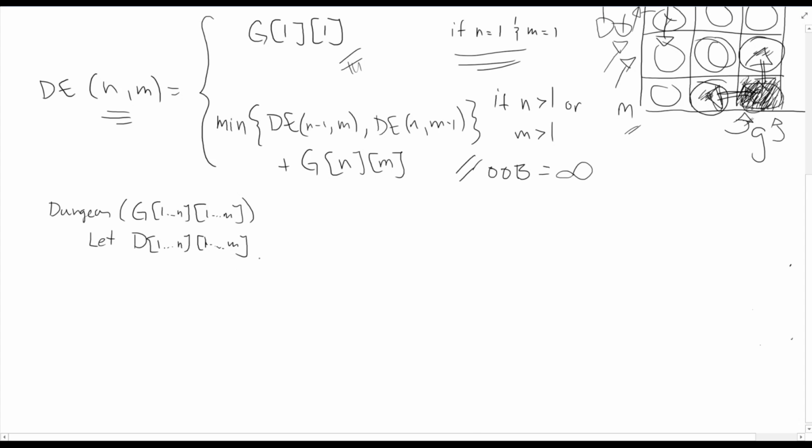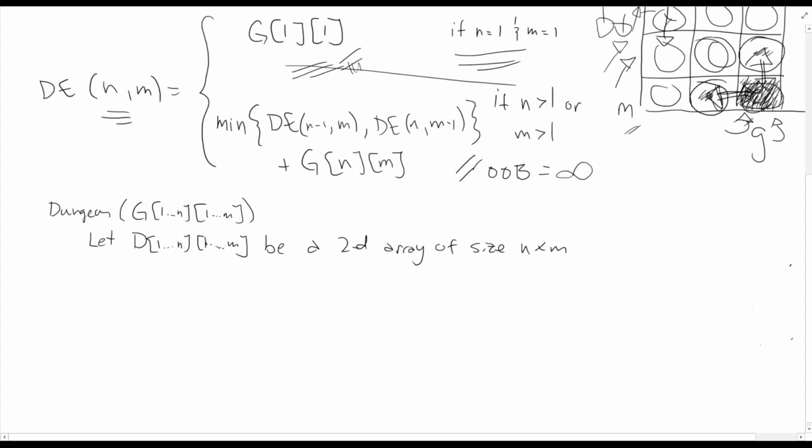We might have to do that in other cases. Maybe I'll just say here D is a 2D array, and again, usually I just say the size if it's not already obvious, but this will be N by M.